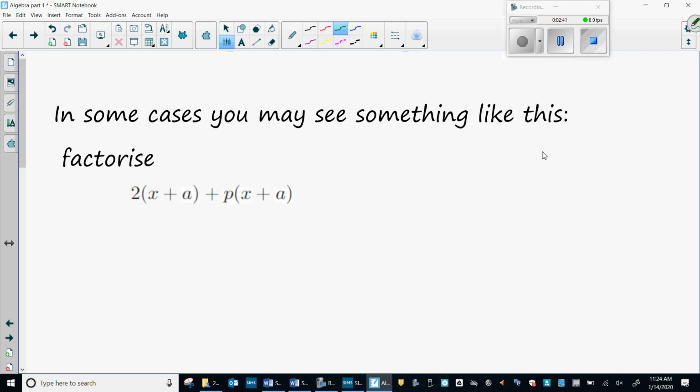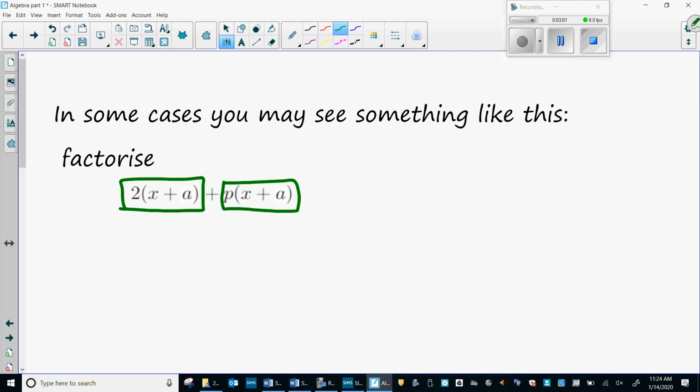So what's different here is that we've got essentially two terms, but both of those two terms have a bracket attached to them. So we actually wouldn't expand our brackets here.